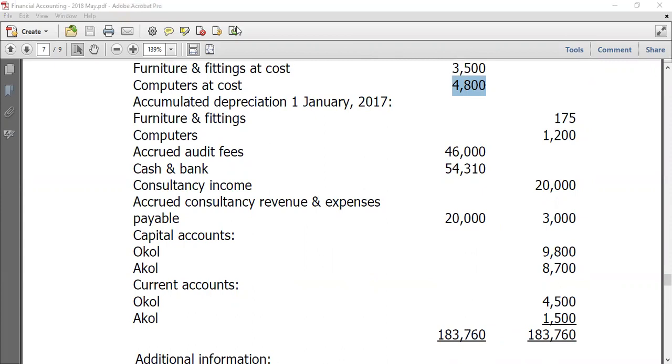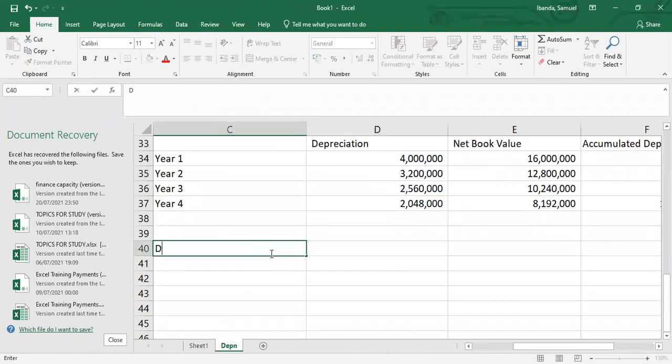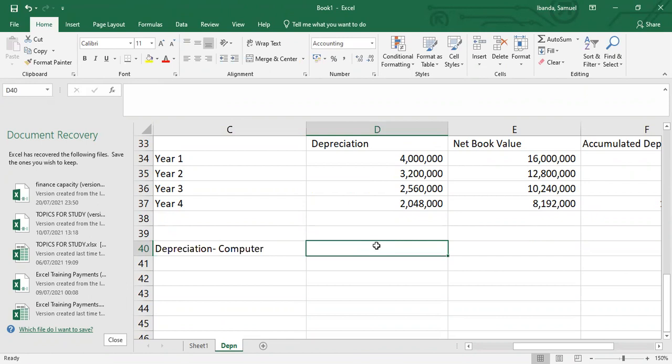Now, when I come here, depreciation for computers, the rate is 25%, I'll put an equal sign. Of course, this is a formula.